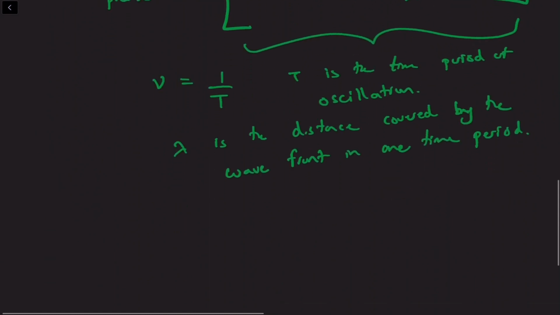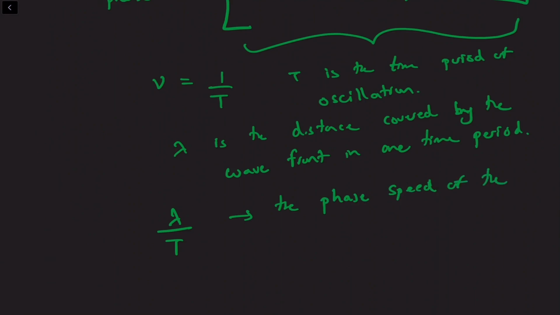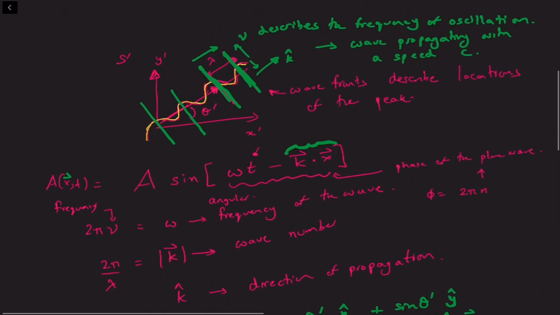And therefore, lambda over T would be the phase speed of the wave. This is the speed at which this peak appears to propagate in the forward direction.